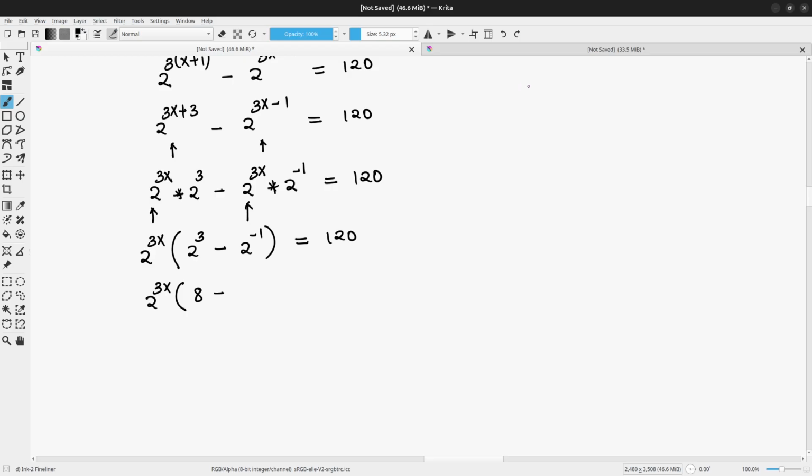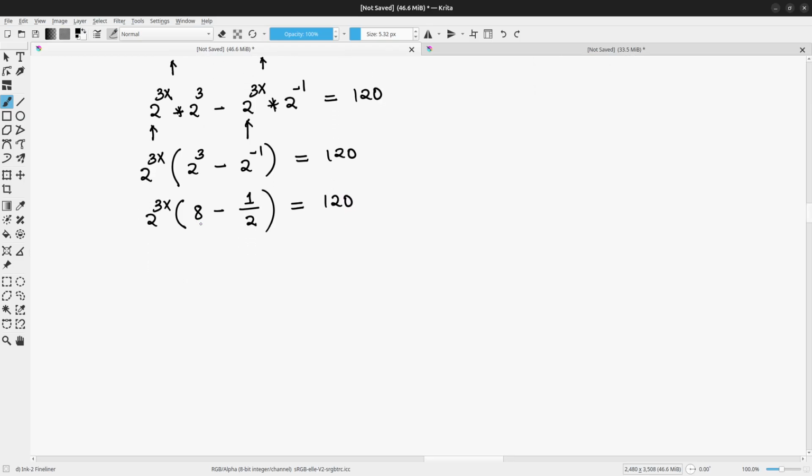Remember that when I give you x to the power of negative a, this is the same as doing 1 over x to the power of a. So in this case, 2 to the power of negative 1 is the same as 1 over 2 to the power of 1, which is just 1 over 2. And this is equal to 120.